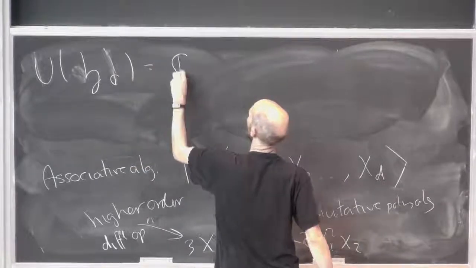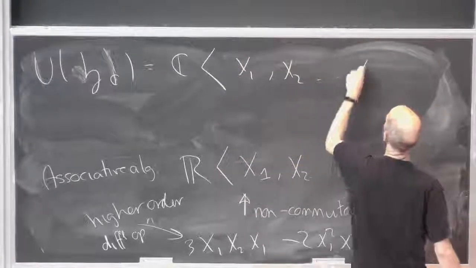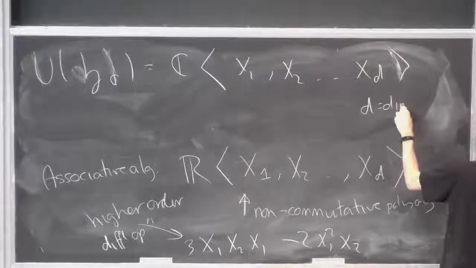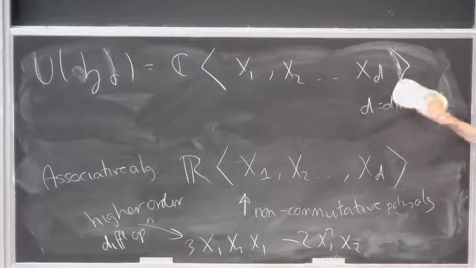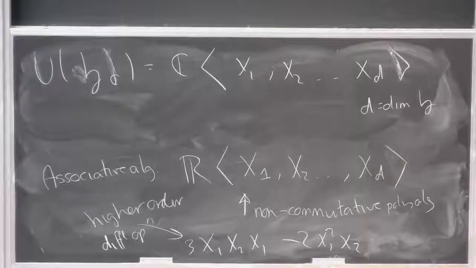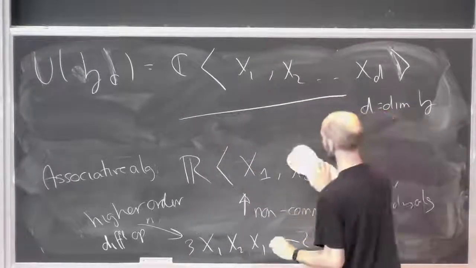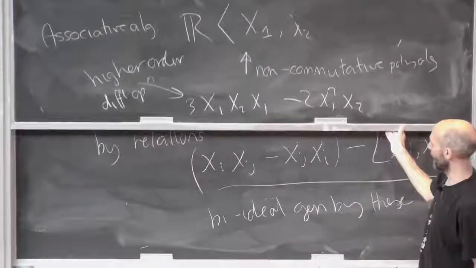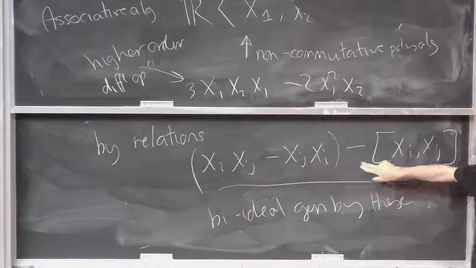It's going to be complicated polynomial rings, x1, x2, up to xd, right? d is the dimension of this abelian Lie algebra. So this is complicated polynomials in non-commuting variables, and then I need to mod out by the bi-ideal generated by, it's just down here, xi xj minus xj xi, take away nothing.